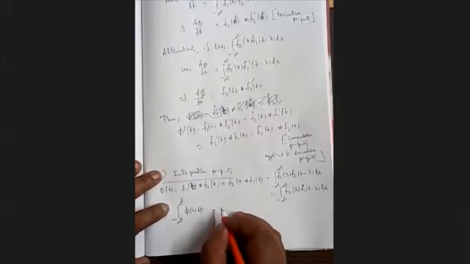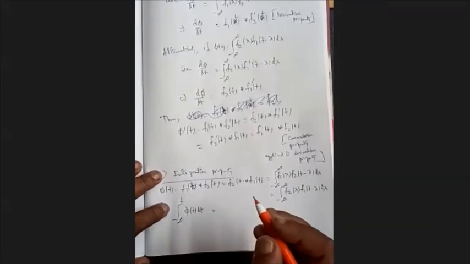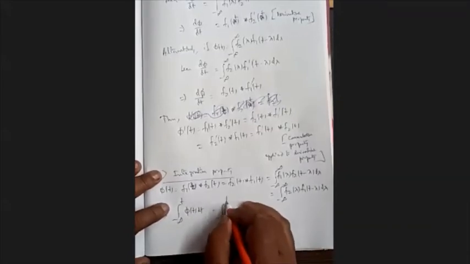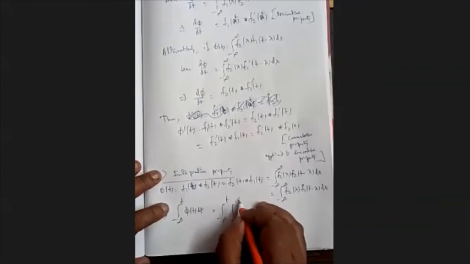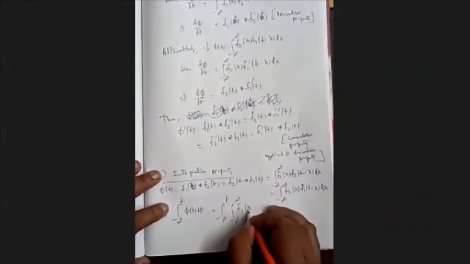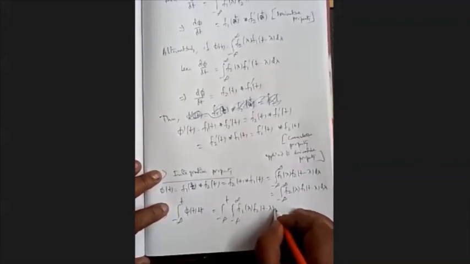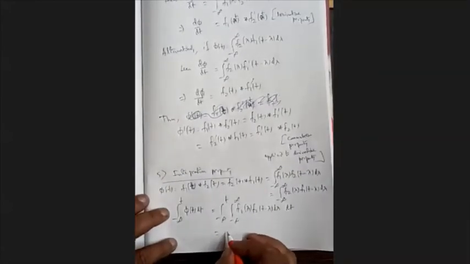So that thing we can write. Here we are integrating it. Clear? So it will be minus infinity to t. We put the phi(t), that one. So minus infinity to plus infinity, we can write f1(lambda), the first one, f2(t minus lambda) d lambda and dt, or we can interchange it.